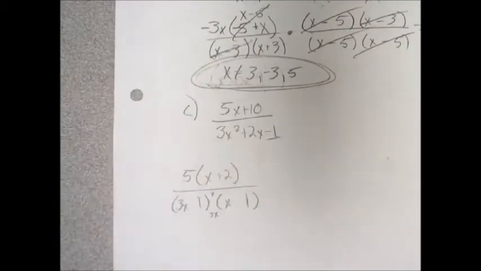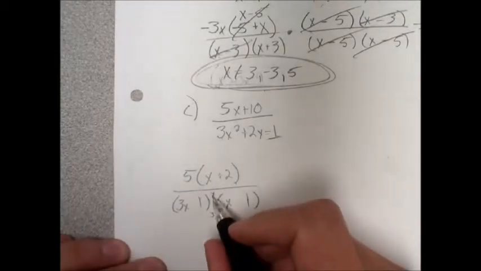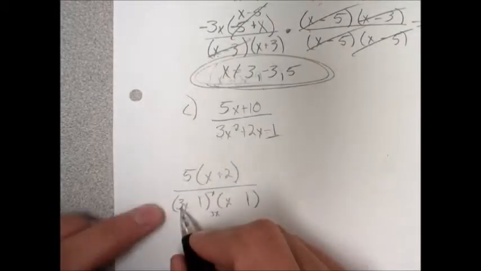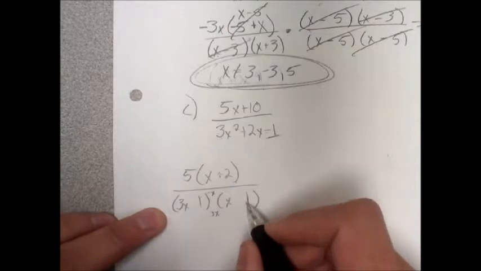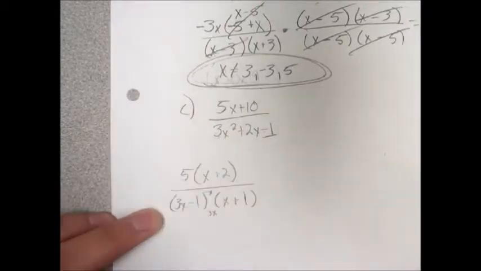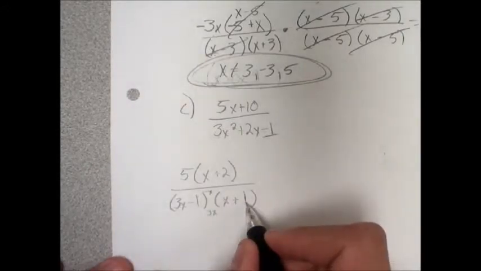So I need to figure out where my negative is going to go. Is my negative going to go with the 3 or is it going to go with the 1? It's going to go with the 1 because I need a positive number, right? So now when I multiply my 3 by my 1, I need it to be positive. And when I multiply my 1 by my x, I need it to be negative. So there's my factors. I have 3x minus 1 and x plus 1 as my factors.